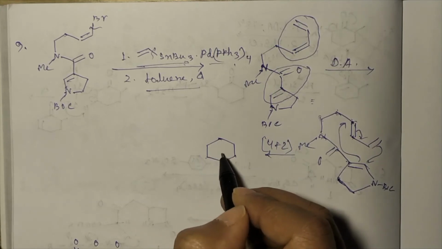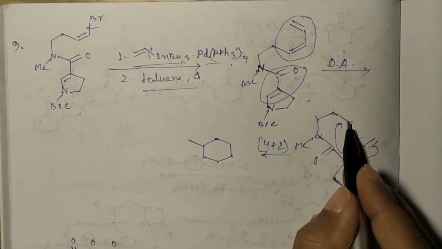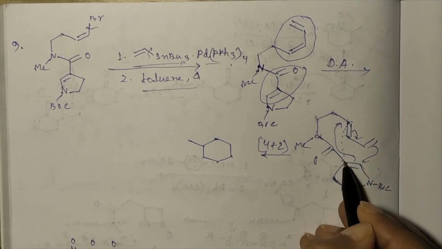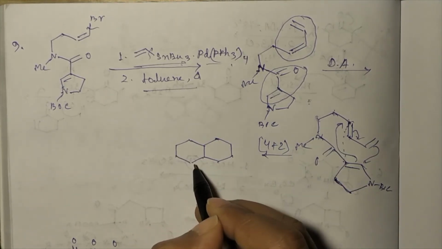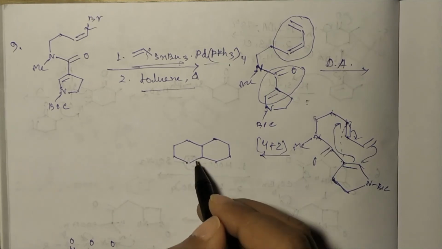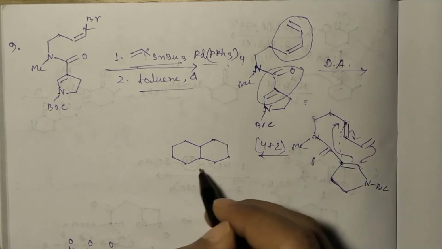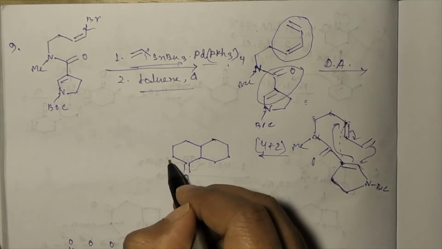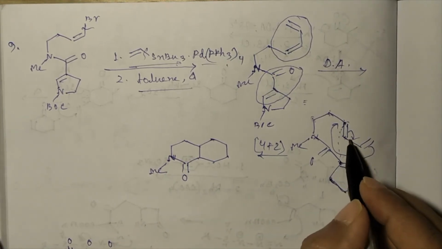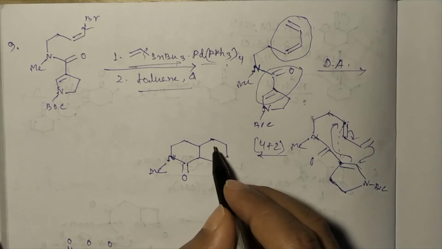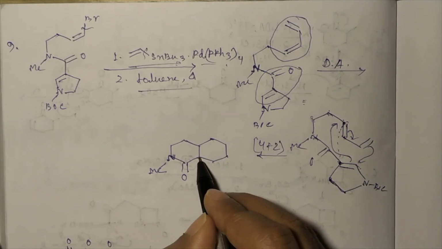So now here there will be a connection between this and this. So now this carbon, there is a CO, here the nitrogen Me, and a 5-member ring will be attached with this 6-member ring in this way, in this carbon.